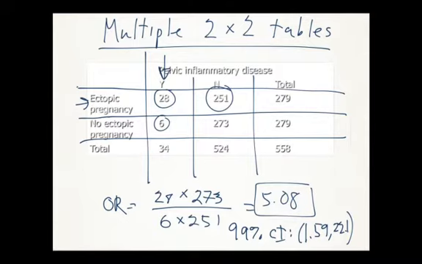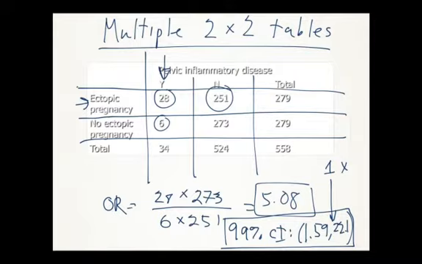So if we were doing a hypothesis test, hopefully you're thinking to yourself, well, we would reject the null hypothesis because the null value of 1 is not inside here. And so as a result, we would reject the null and conclude that there is a significant association between pelvic inflammatory disease and ectopic pregnancy.